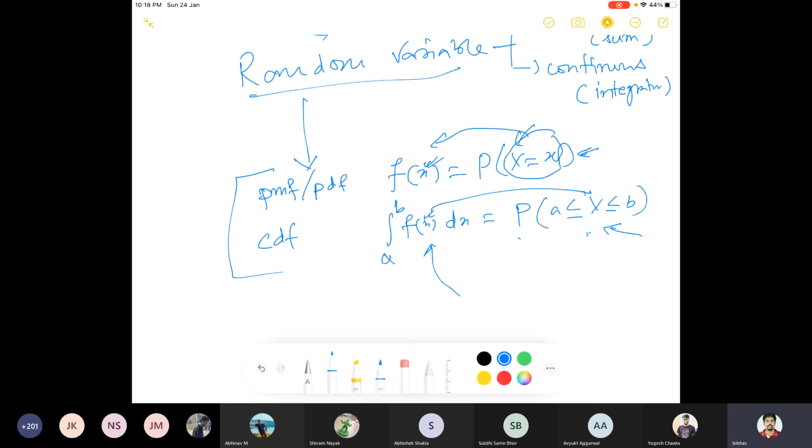Okay. Now we'll try to find out some more things about random variables. Some more things about random variables means exploiting or using these functions like PMF, PDF, CDF. What can we say about the different properties of the random variable, capital X?